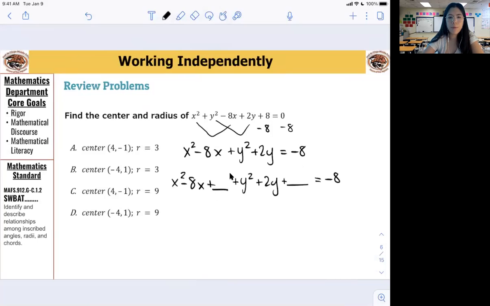So how do I figure out what number goes here? We do have to divide something, Jalen. We divide by 2. Okay, so I take this number right here, divide that number by 2. What does that give me? -4. Then what do I do to the -4?